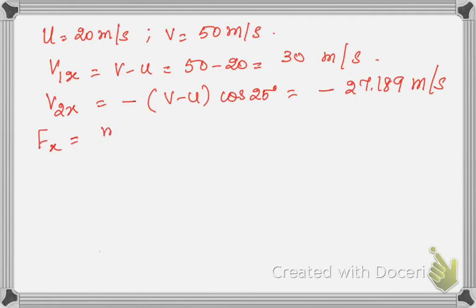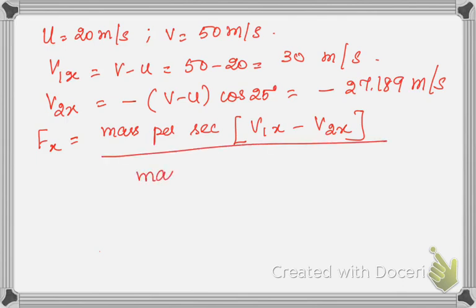Similarly we have to calculate all the forces. So Fx is equal to mass striking per second into initial velocity minus final velocity, V1x minus V2x. Here also they have asked per unit weight of water, so it is mass per second.